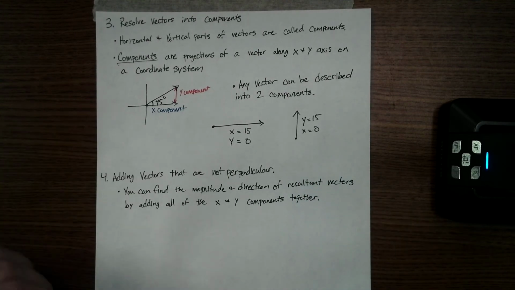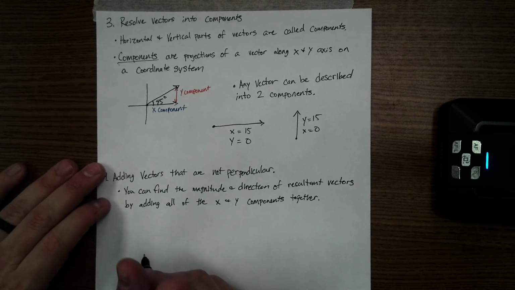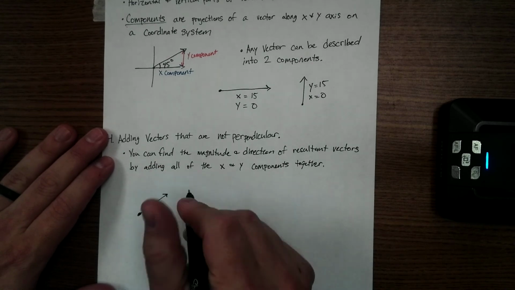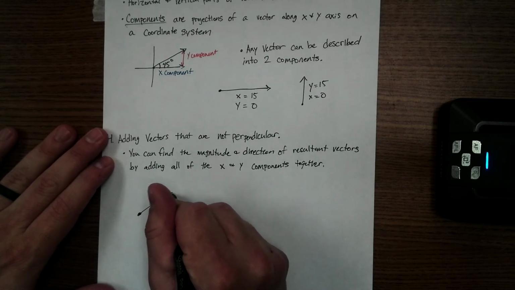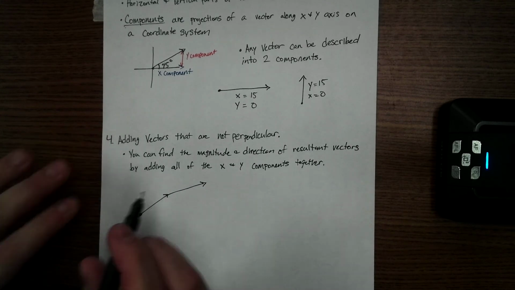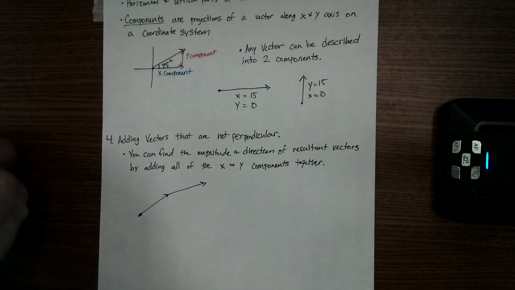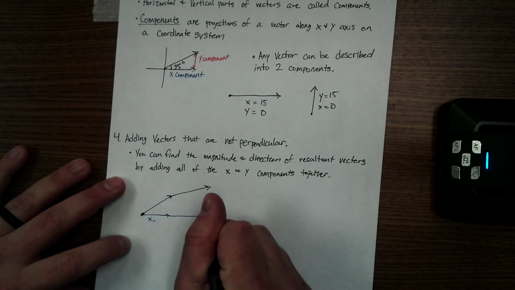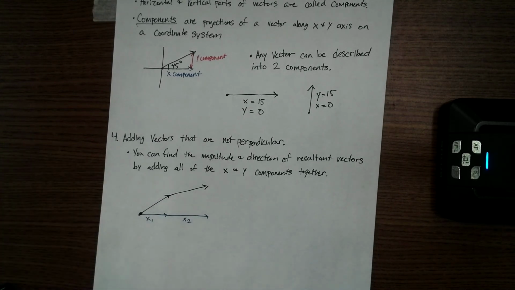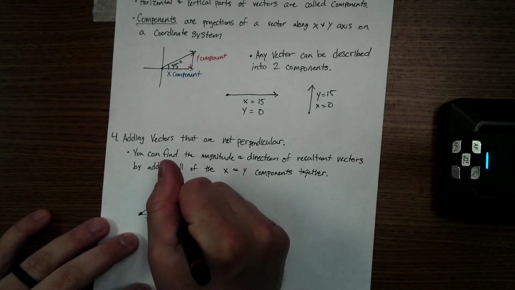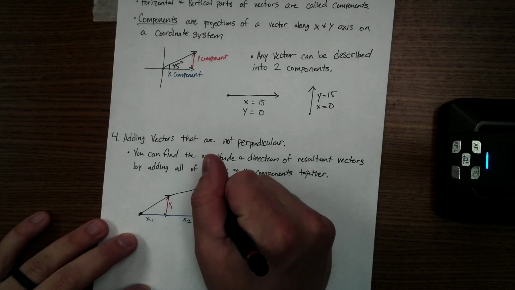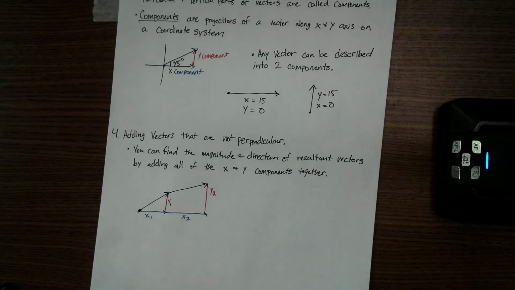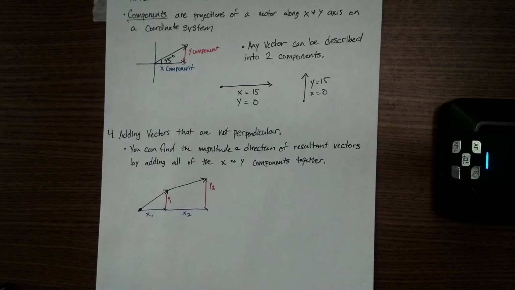Multiple vectors traveling in multiple directions can be added together. If you have, let's just say, a vector that's traveling up to here, and then it decides to travel again further in this direction, we can actually take our axis, x1, and over here x2, and add them together, and you have y1 and y2, and we can add these components together to figure out how much further they will go.